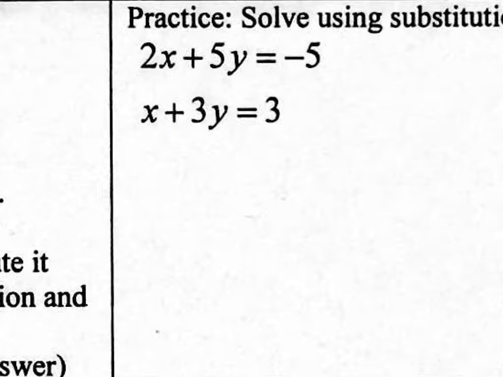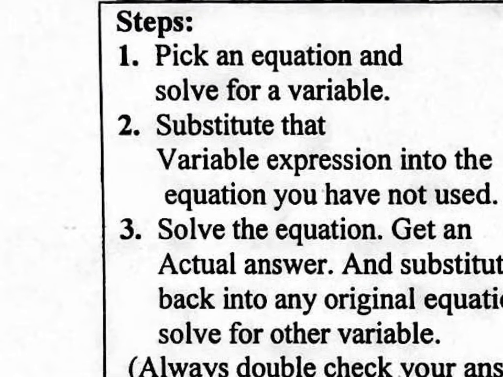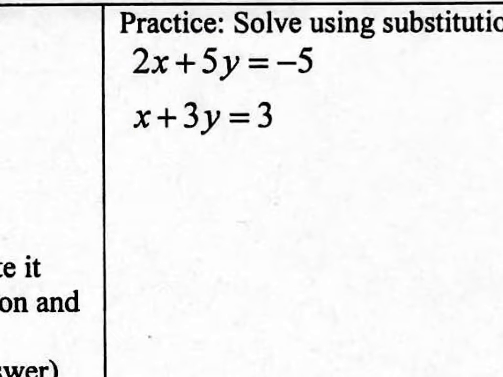So in mathematics, there's always many roads to the same place. Just some roads are shortcuts. Some roads are quicker than others. So when I say step 1 is to pick an equation and solve for a variable, it's a good idea to think about which one's better to pick, the top one or the bottom one. The bottom one's better to pick because if I subtract 3y on both sides, I'll be done.